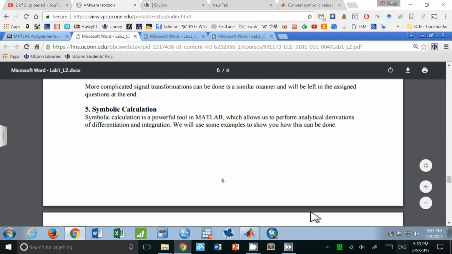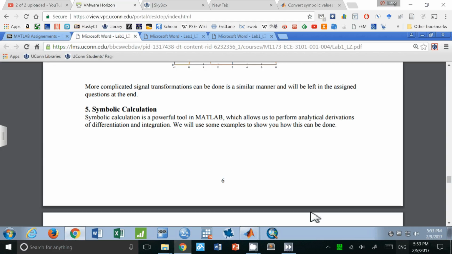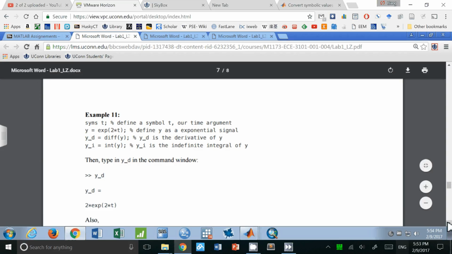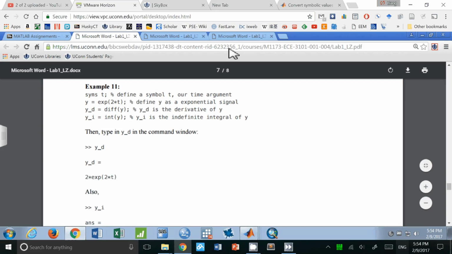Now another thing that MATLAB can do is symbolic calculation. Meaning it can calculate operations like differentiation and integration. What it does is define a symbol using syms. So syms t means t is defined as a symbol.